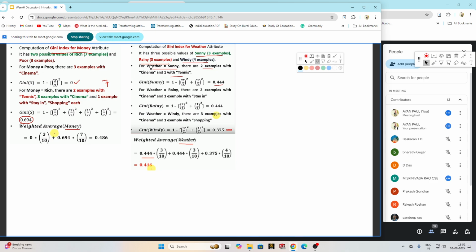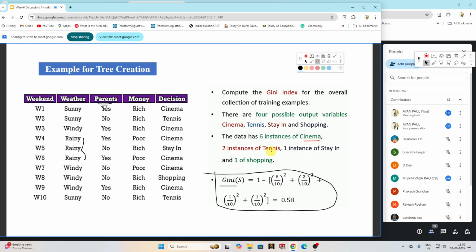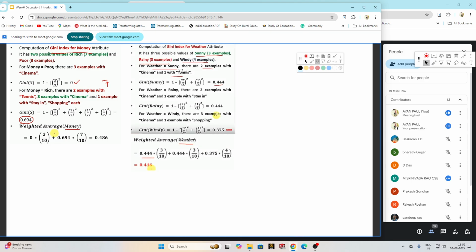Now if I talk about only sunny, when weather is sunny, there are 2 examples with cinema and 1 with tennis. So how will we find the Gini of sunny? That will be equal to 1 minus 2 by 3, because 2 examples of cinema out of 3 sunny examples.